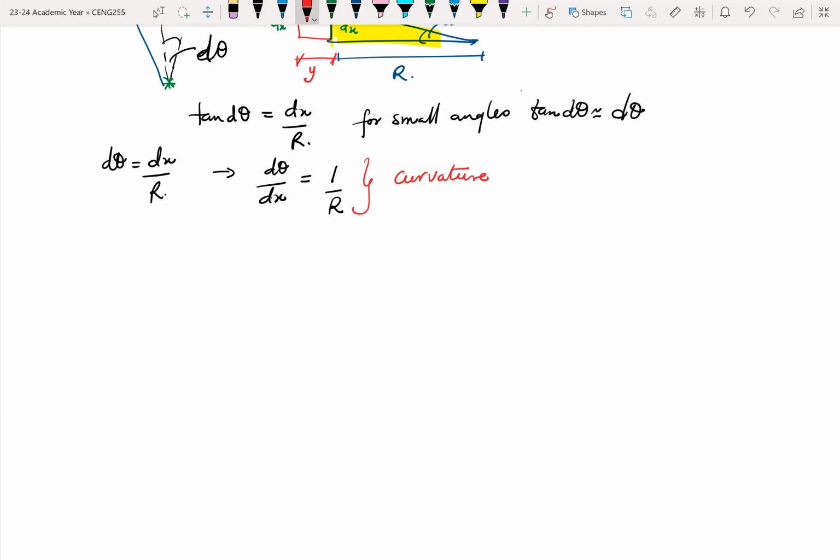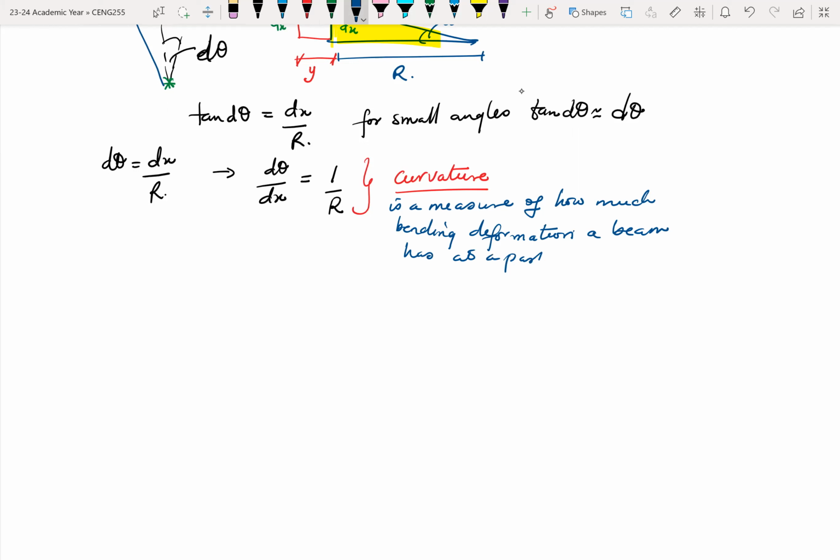We define the curvature as a measure of how much bending deformation a beam has at a particular location.